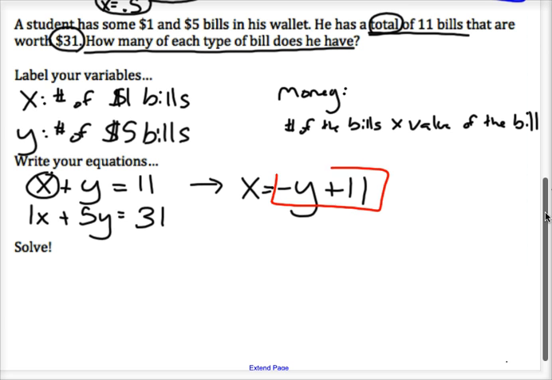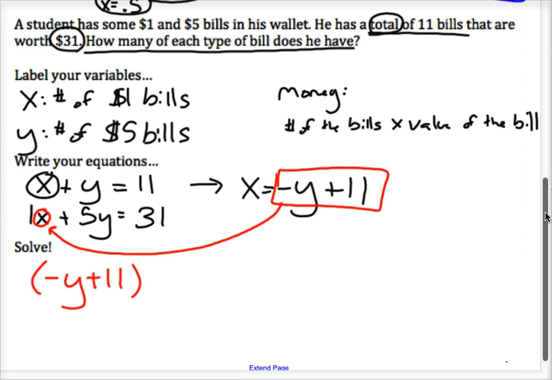I have one of my equations isolated for one of my variables. So now I'm going to go into my other equation, and I'm going to plug it in. So for the second equation, I have x, which I'm now calling negative y plus 11, plus 5y equals 31. And again, now I have a single equation with a single variable, so I can actually solve for it.